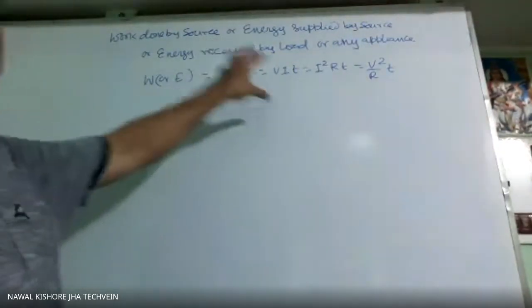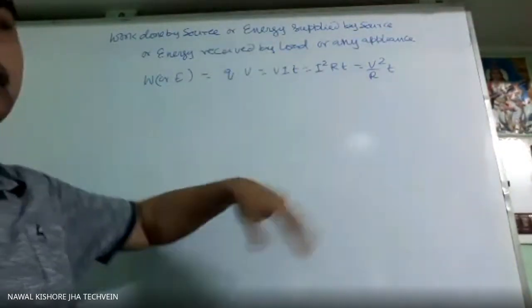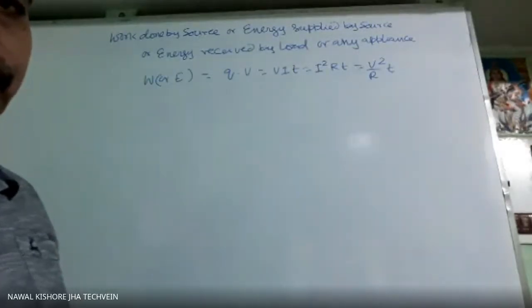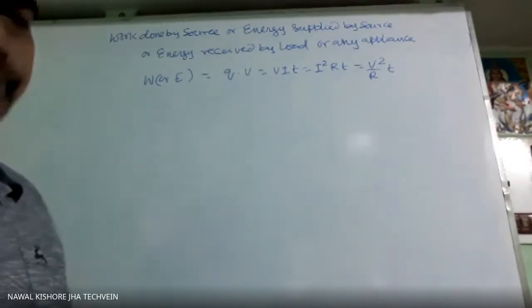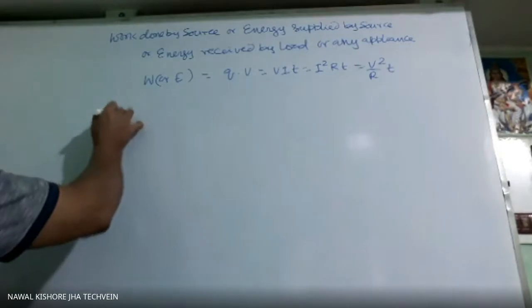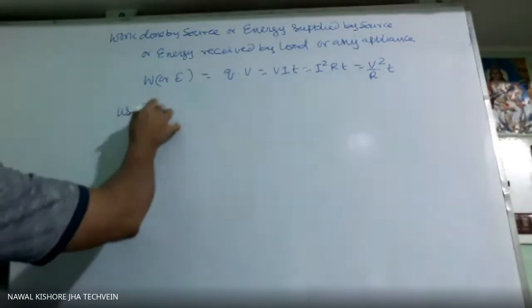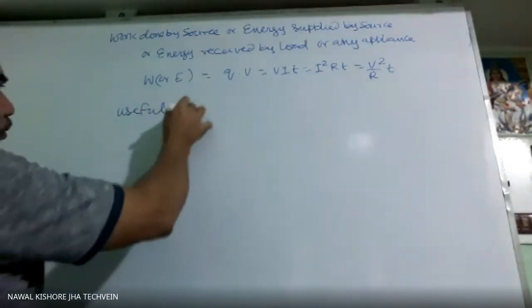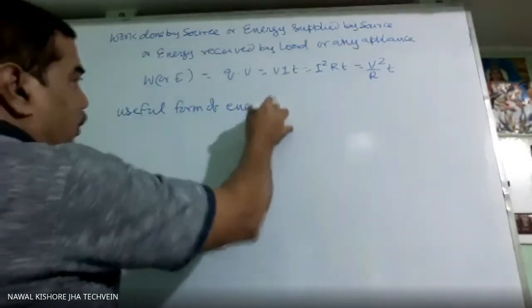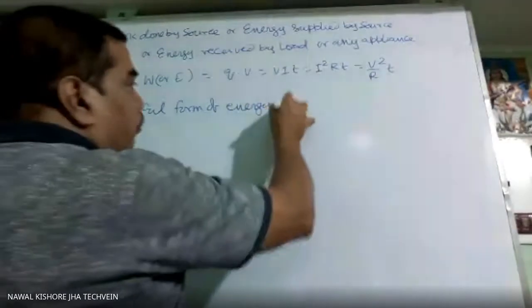Now, out of this energy, that appliance will convert it into some useful form, because the load we are applying just for our purpose. So, what is the useful form of energy produced by load?